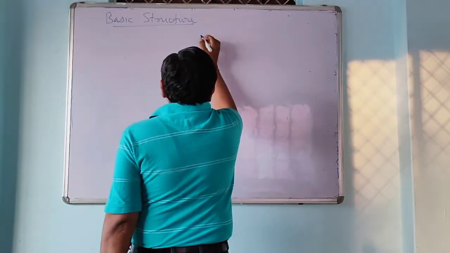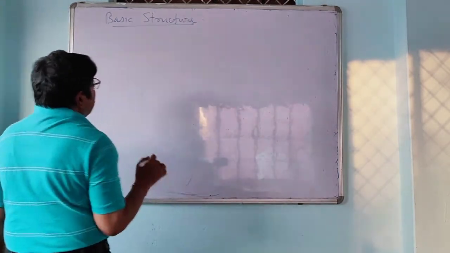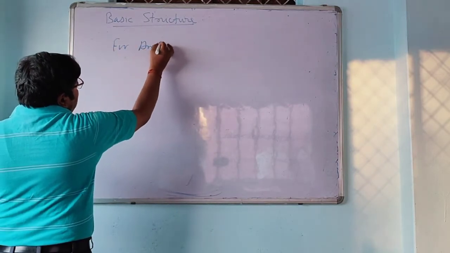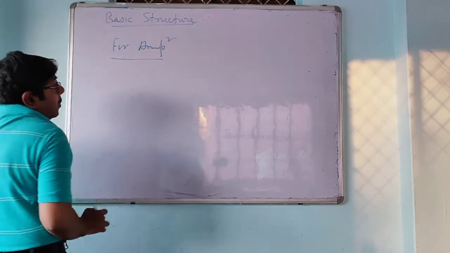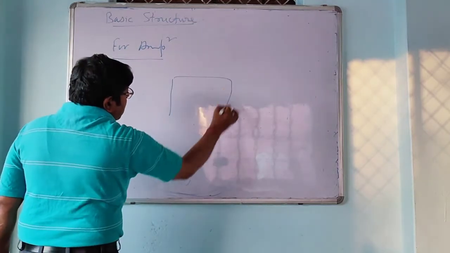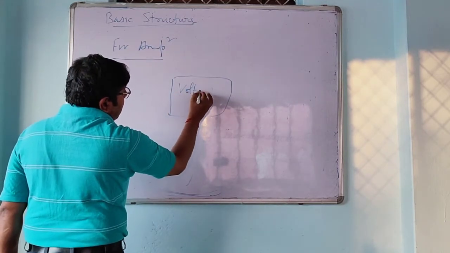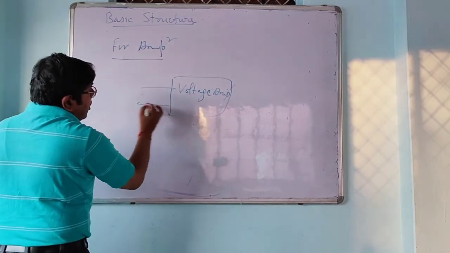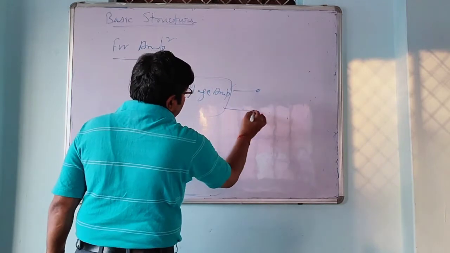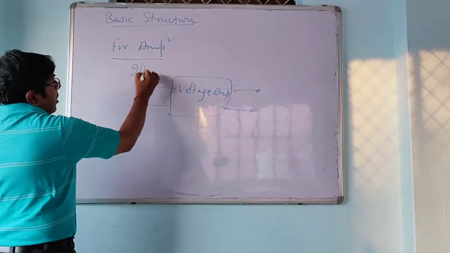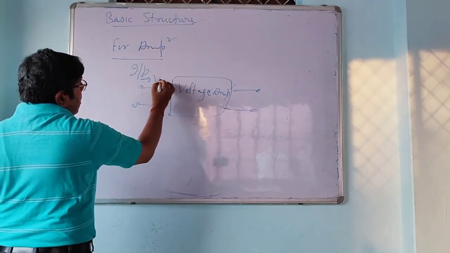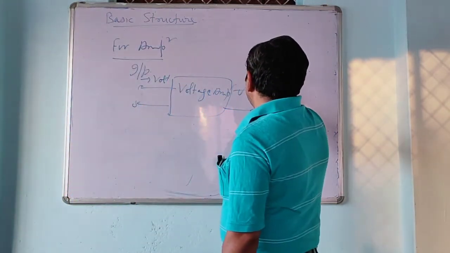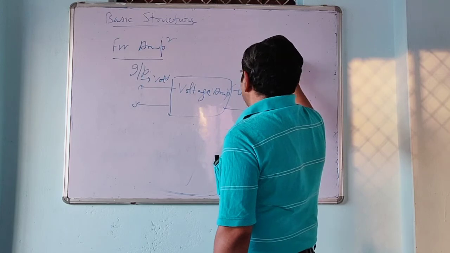So one important thing is for amplifiers. Suppose we are using a voltage amplifier, then two things are clear: the input is voltage and the output is also voltage.